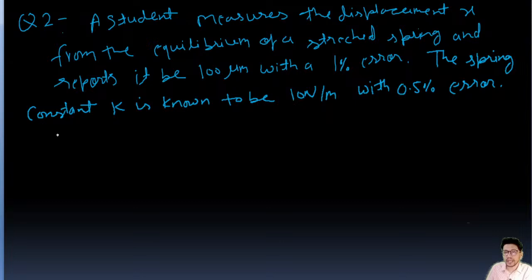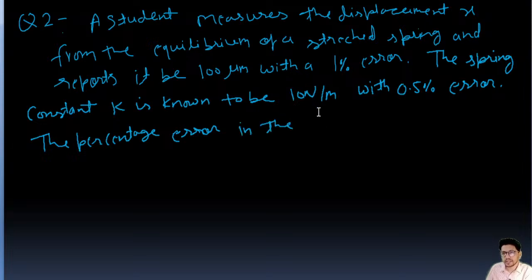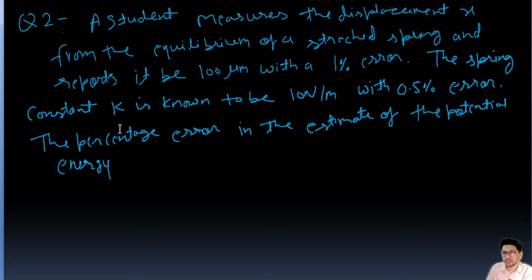The percentage error in the estimate of the potential energy V equal to half kx square is.